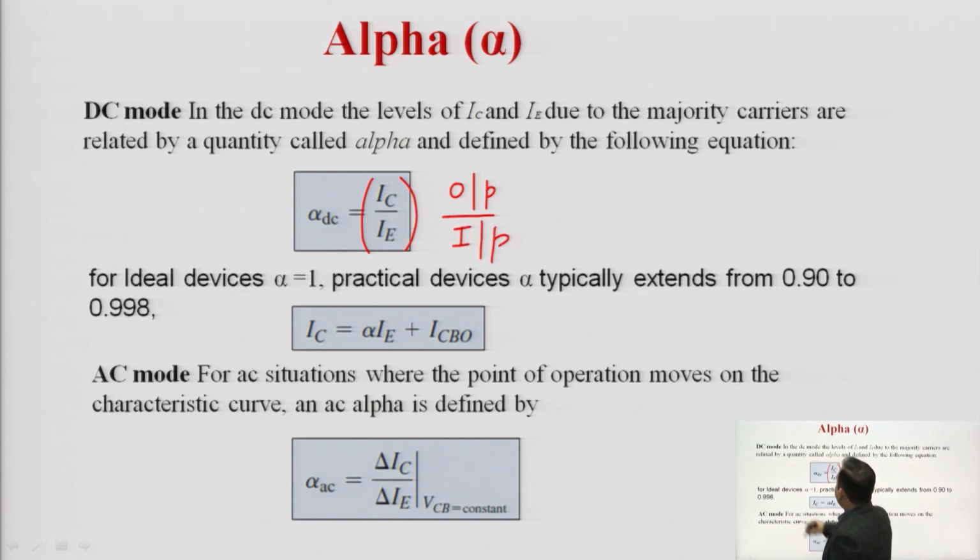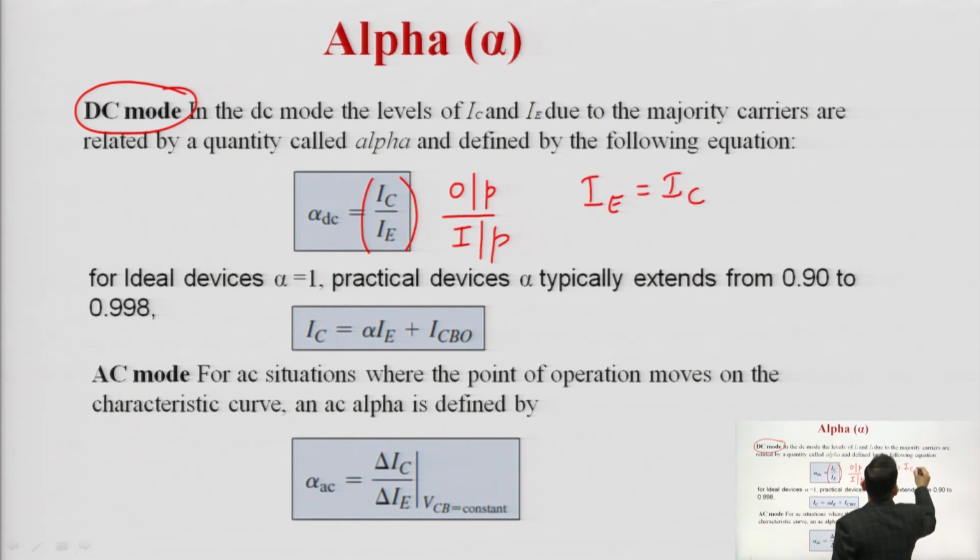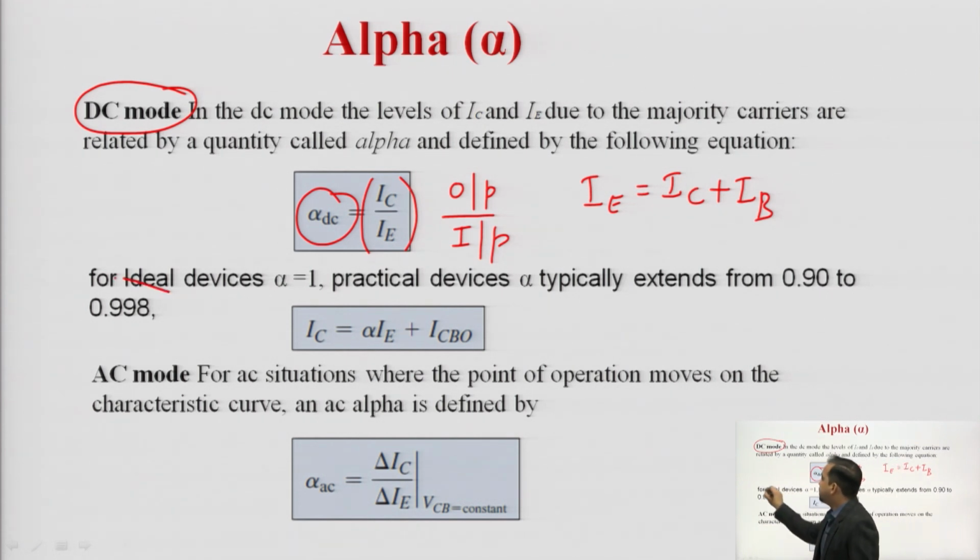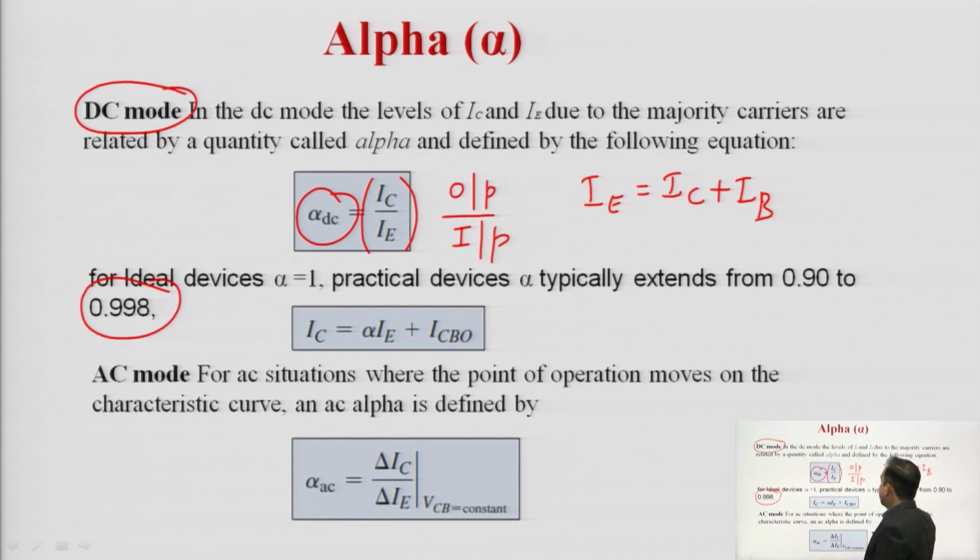This is in DC mode, when DC voltages are applied. We are also aware that IE is equal to IC plus IB, so IE is definitely greater than IC. So, alpha DC is less than 1, between 0.90 and 0.98, and ideally the value is 1.